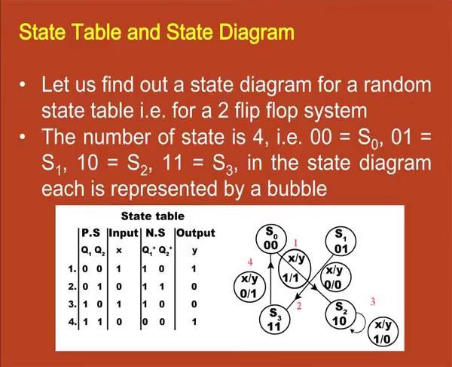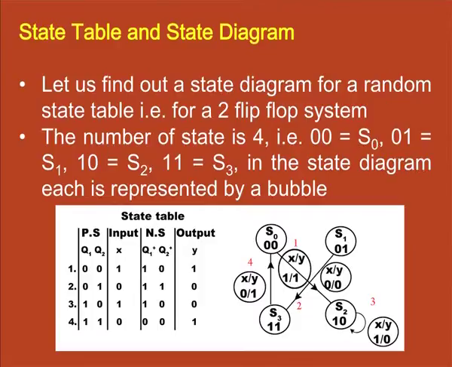The state diagram represents each of these states, S0, S1, S2 and S3, by a bubble, and the present state and the next states are represented by the track of arrows in the state diagram.